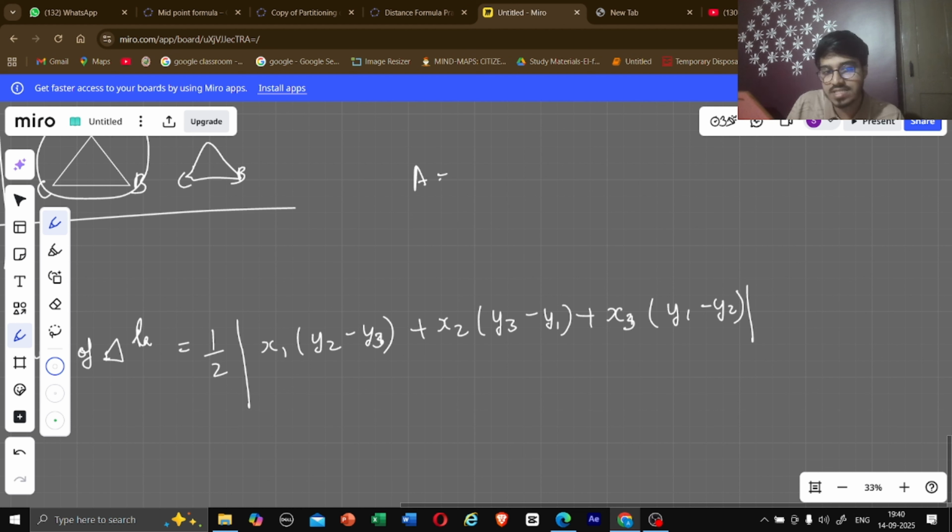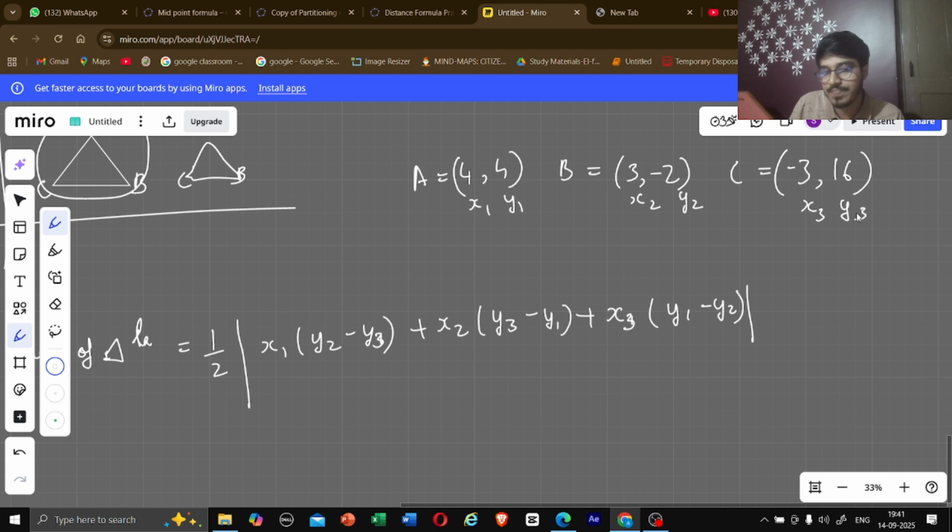Coordinates of A is (4, 4). Coordinates of B is (3, -2). And coordinates of C is (-3, 16). So this will become x1, y1, x2, y2, x3, y3.